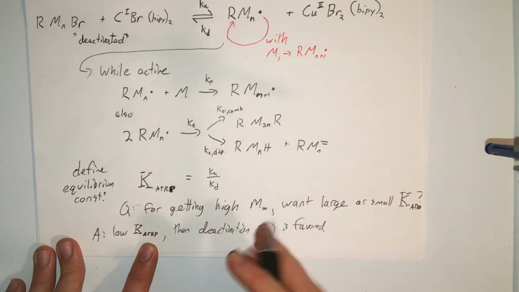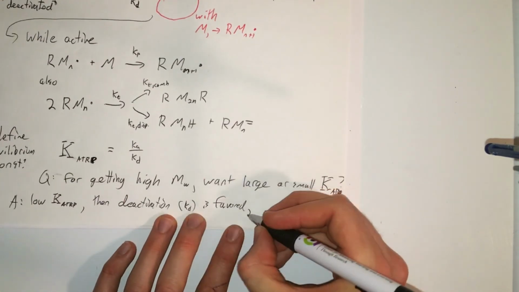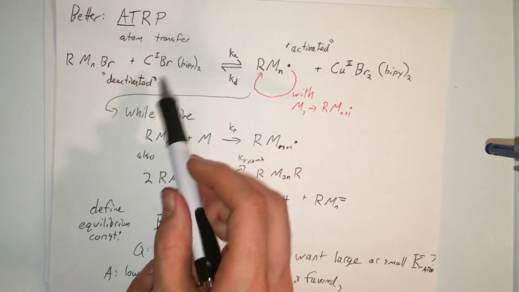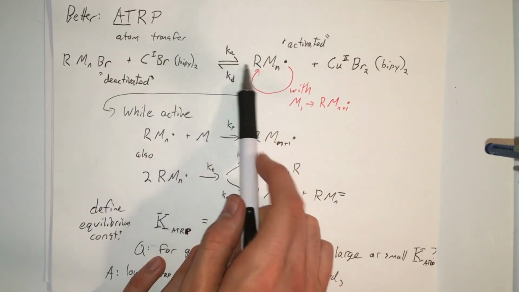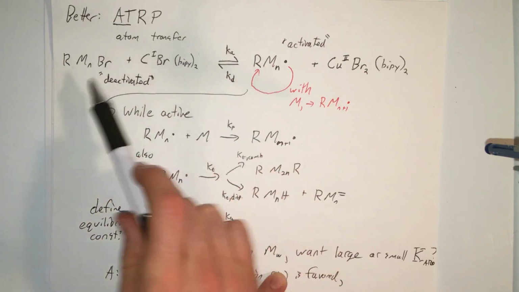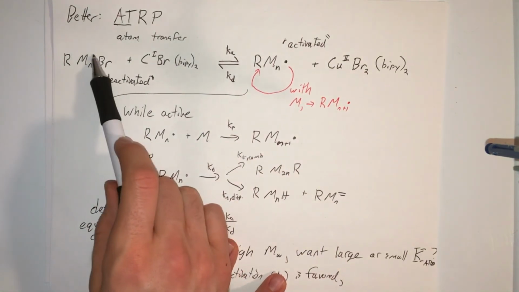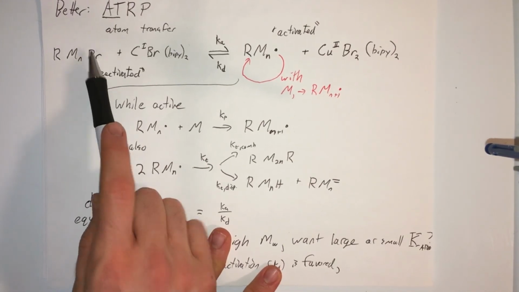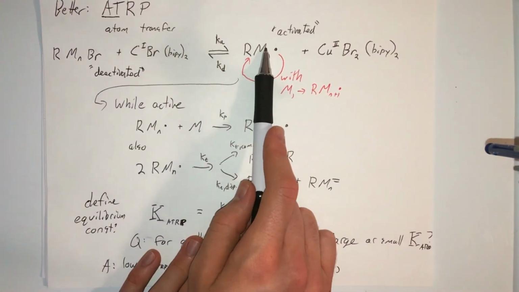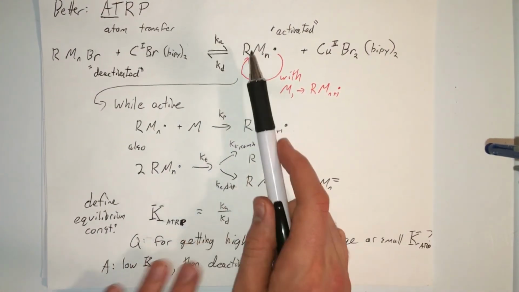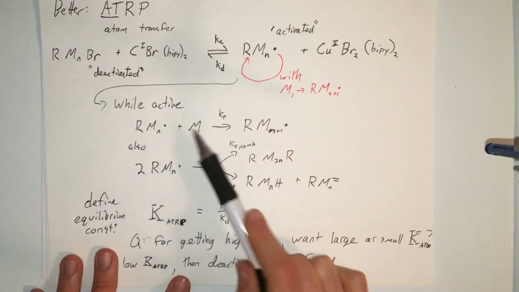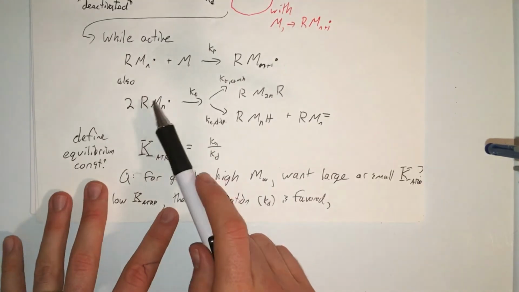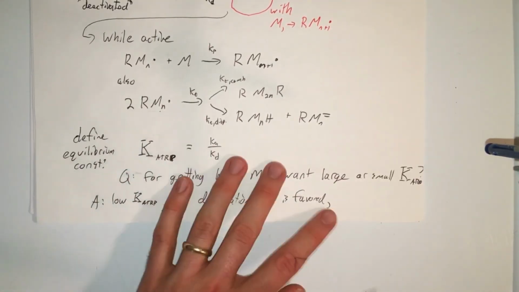And if the deactivation is favored, what does that mean? Well, it means that most of the polymer chains are going to be capped off at any one given time. So if most of the polymer chains are capped off, then only a few are growing at a time. What does that mean? Well, yes, we suppress our growth, but we greatly suppress termination.